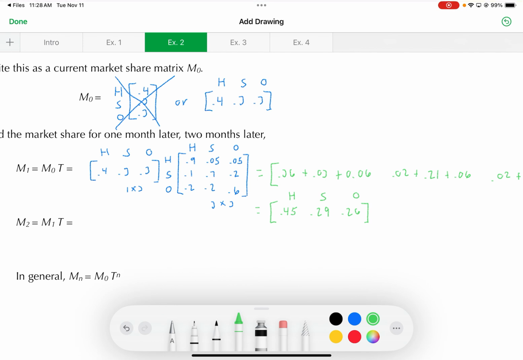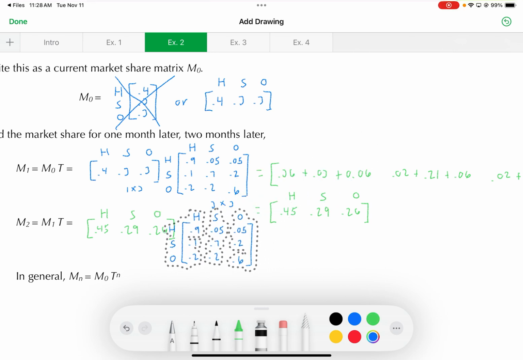So we'll represent that with M sub 2, and that's just going to be M1 times the original transition matrix T. Okay, so now we'll take this 0.45, 0.29, 0.26, for H, S, and O, and that's getting multiplied by that matrix, and it's going to give me yet another 1 by 3 matrix.